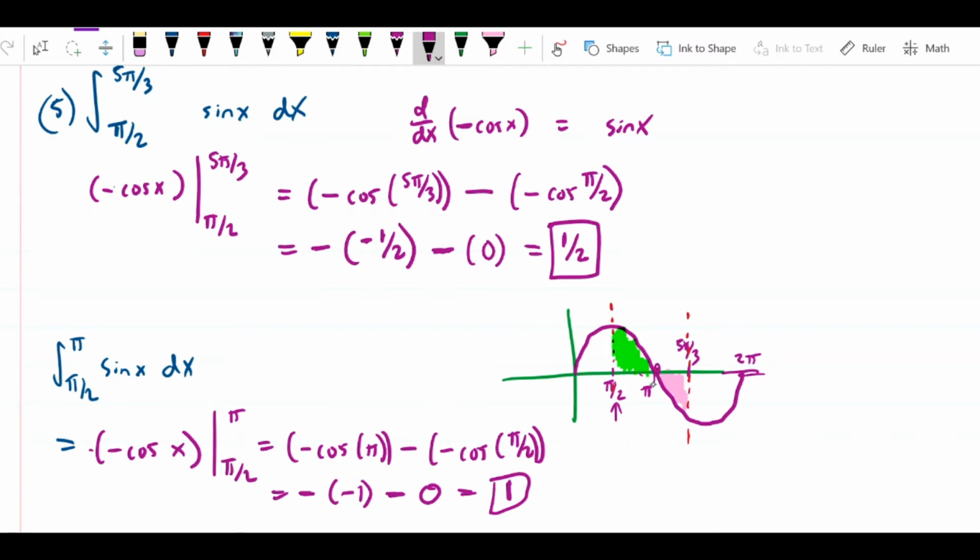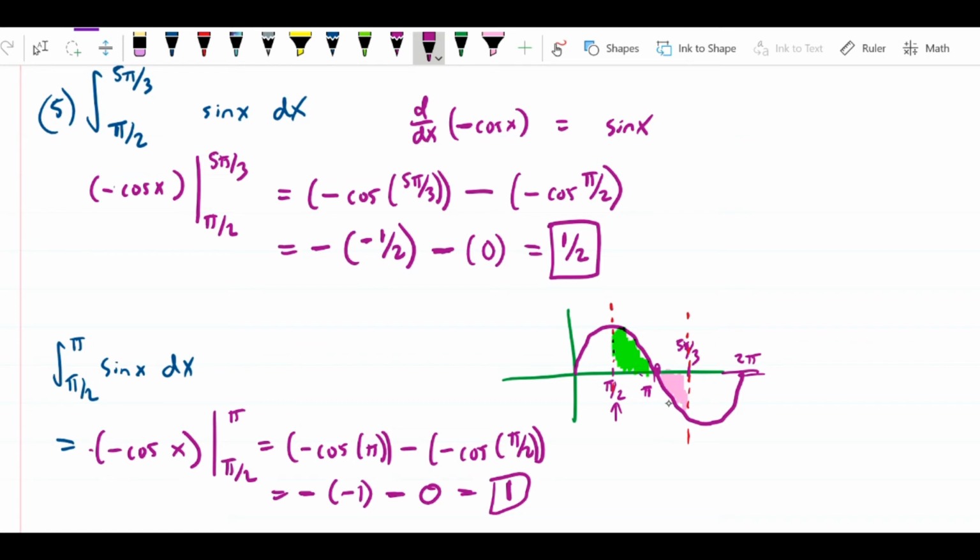Then I get to the point pi, and suddenly the curve dips below the x-axis, so now I'm subtracting area enclosed between the curve and the x-axis, because that's how we interpret signed area. The area below the x-axis gets subtracted from the whole pile of area that we're adding up.